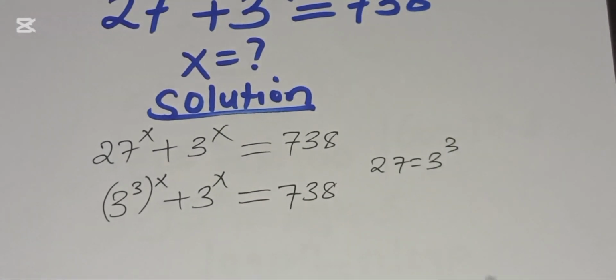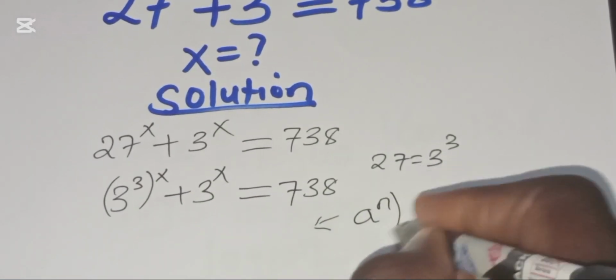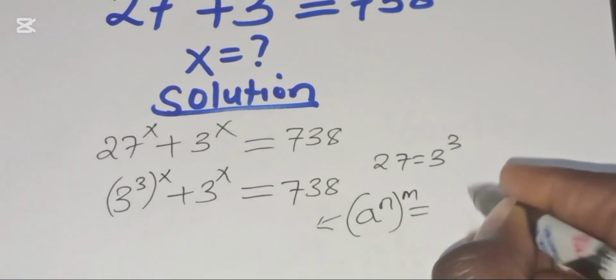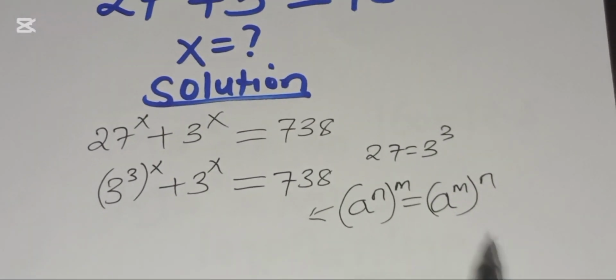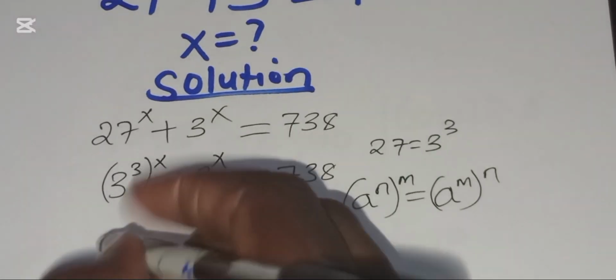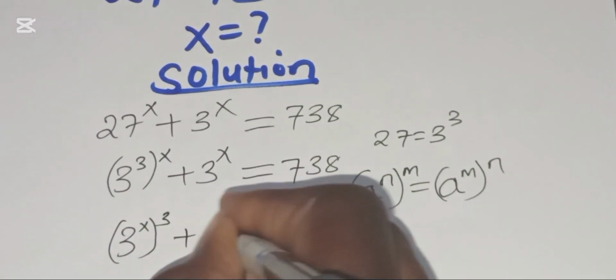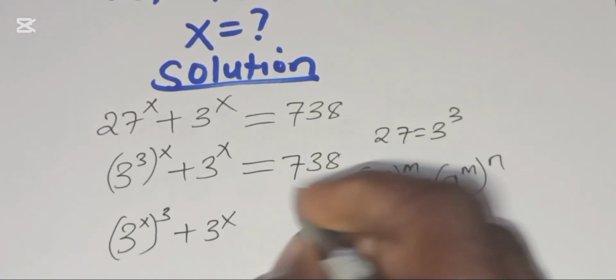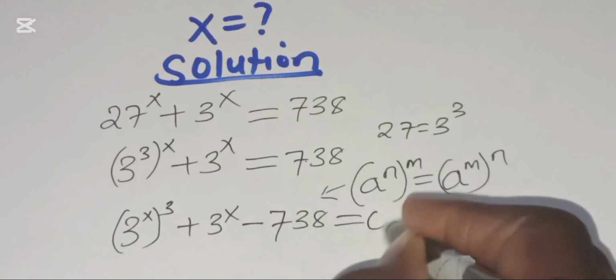Now applying the indices identity, a raised to the power n raised to the power m can also be expressed as a raised to the power m raised to the power n. So we're going to have 3 raised to the power x raised to the power 3 plus 3 raised to the power x. Then we subtract 7.8, and this is equal to 0.